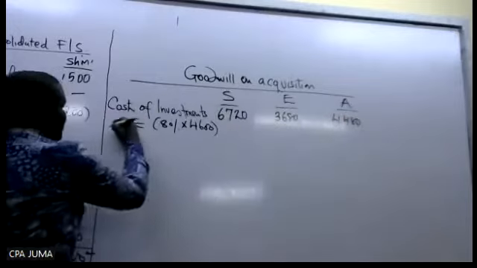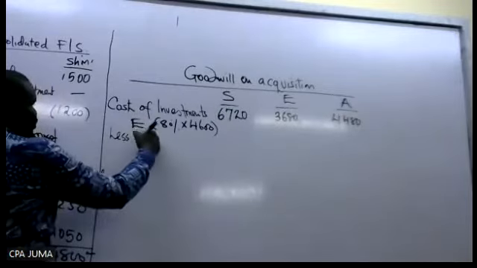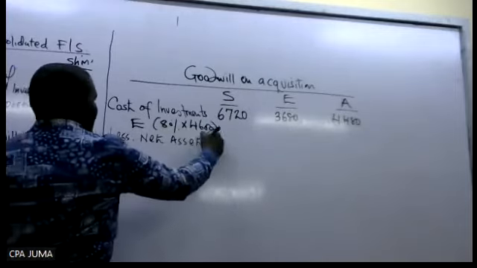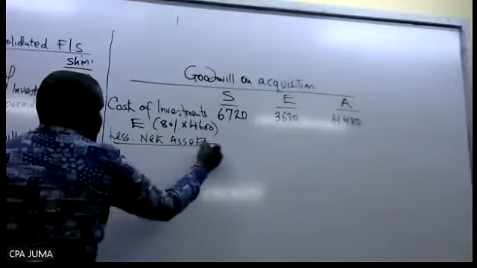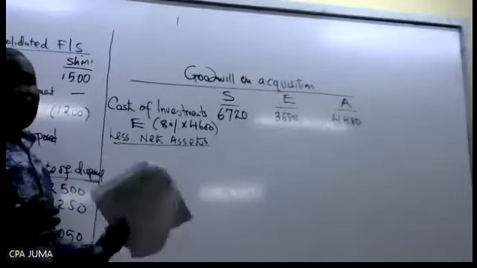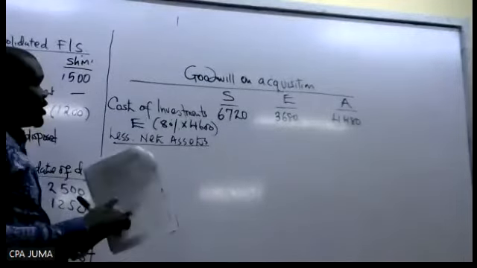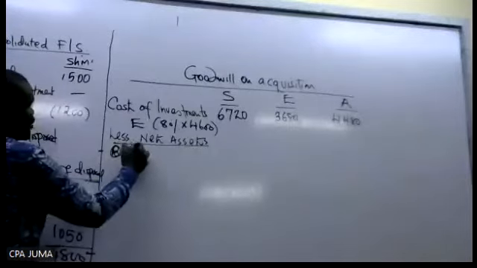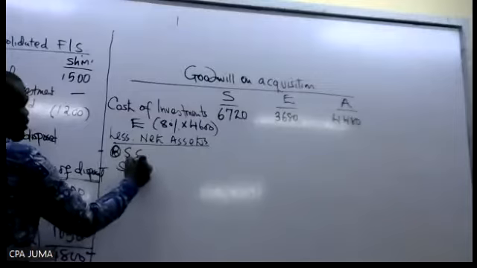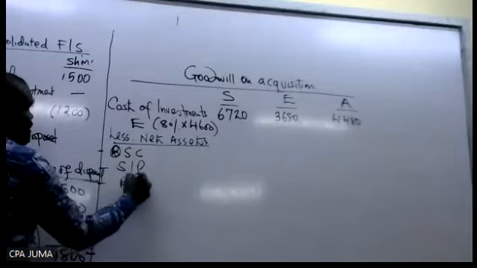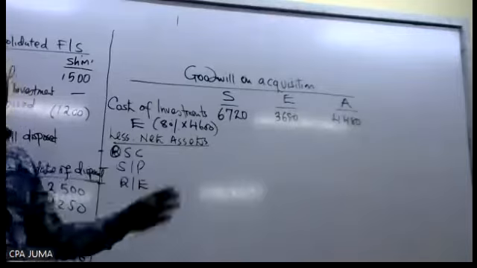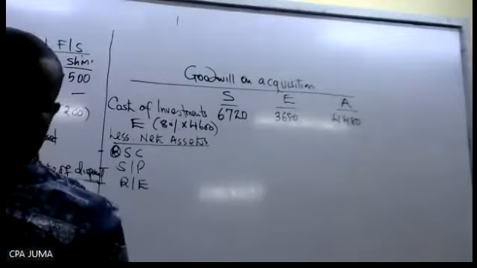So you less net assets. We want to pick ordinary share capital, share premium and retained earnings. Remember, retained earnings on the date of acquisition. These two, just pick them the way they are appearing in the balance sheet.